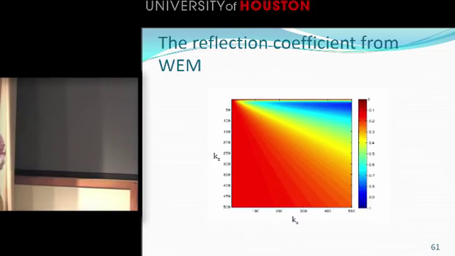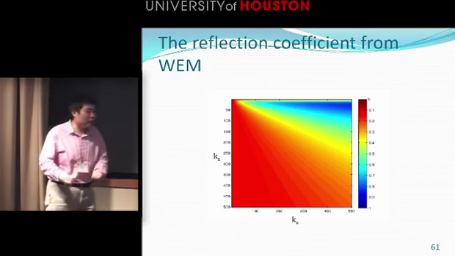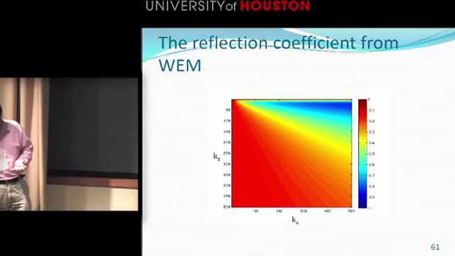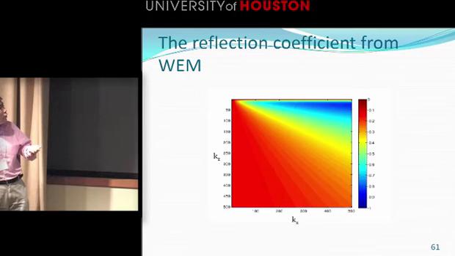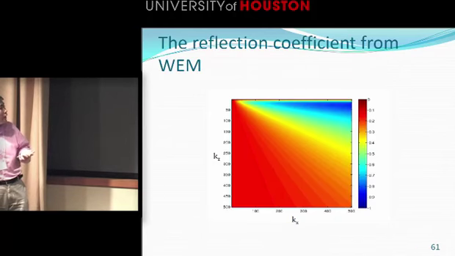This is the result from the wave equation migration. The angle-dependent reflection coefficient we get from the wave equation migration. If we go back and forth, we can see that except the very small vertical wave number part, the results are almost identical.